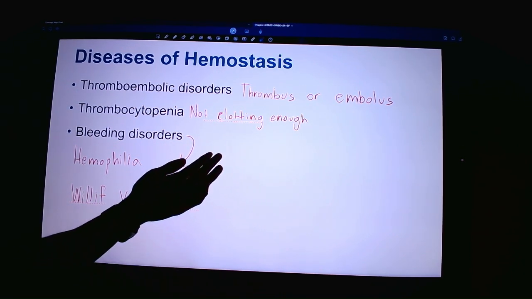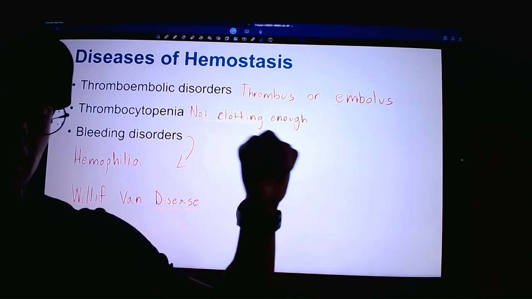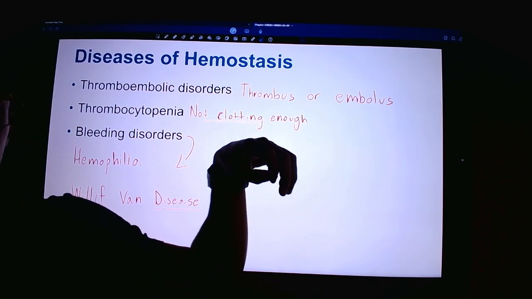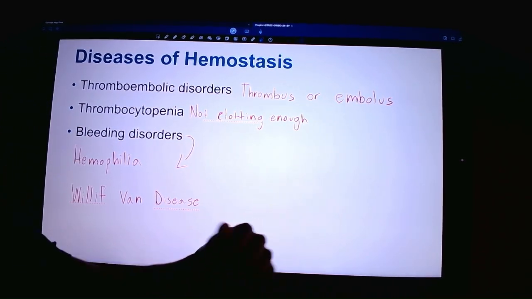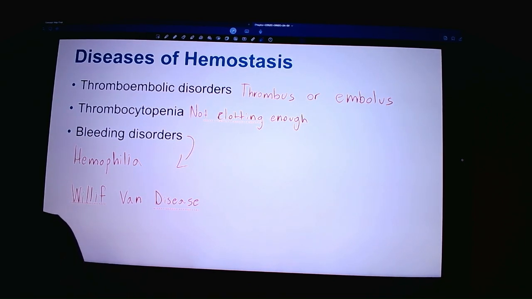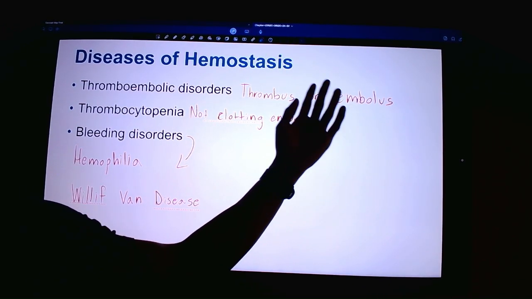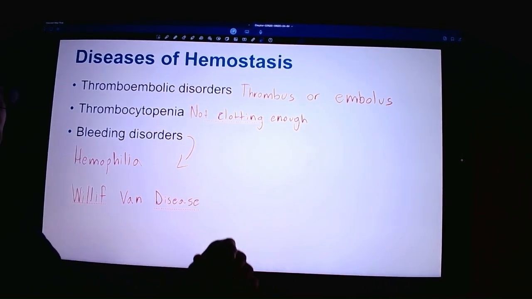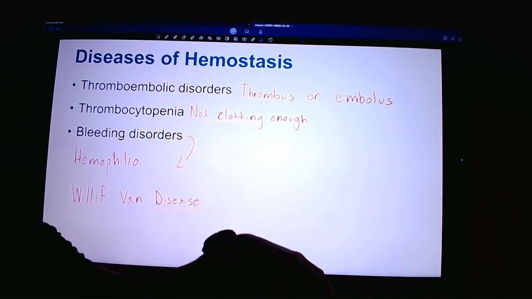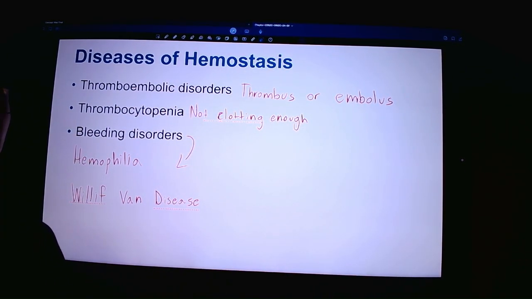Yeah, exactly. So a DVT can break off from down in your legs and find itself in your lungs. What is that called? It's a pulmonary embolism. That's why it's referred to as an embolus, because it starts moving from the origin, going through the circulation, and it ends up in the lungs. And now you have a blockage causing an embolism, and now you got a real big problem, right?